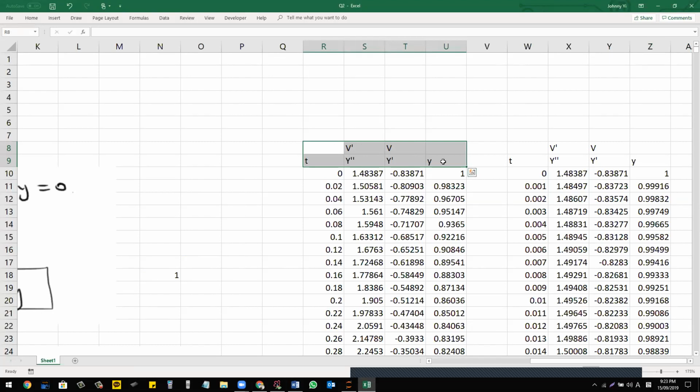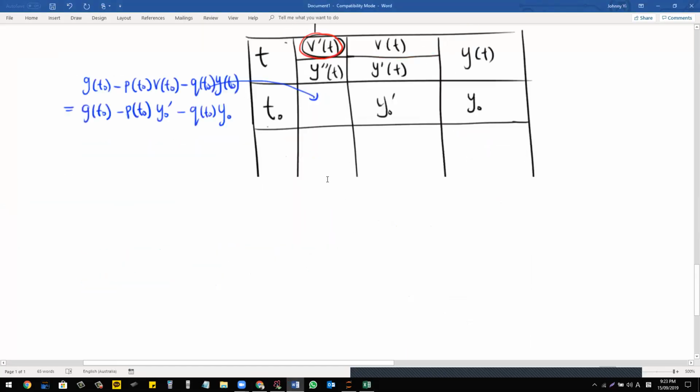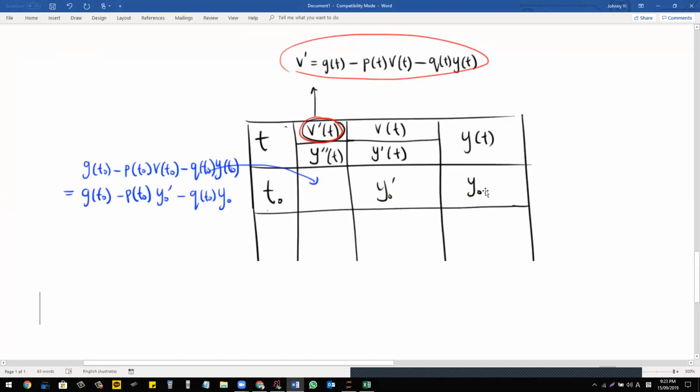After this first row, the second row, you start having numbers, which are simply known numbers, even this one here, because g of t is a known function. It's a fixed function, so you know that value as well.